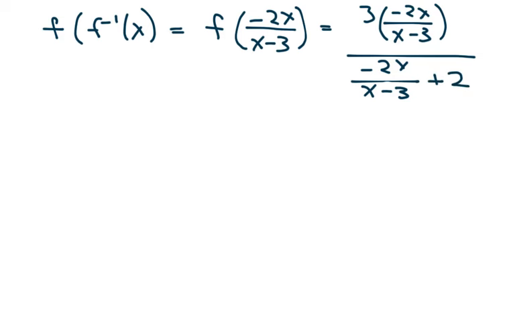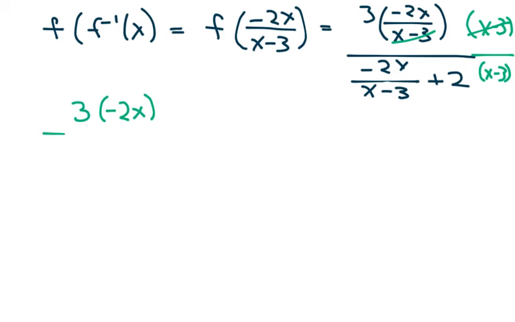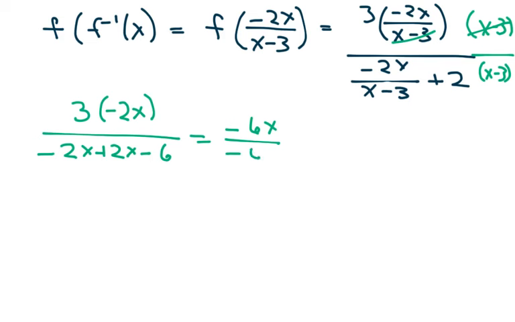Now again, I'm just going to multiply the numerator and the denominator by x minus 3. That leaves me with 3 times -2x, because these two will cancel, over negative 2x plus 2x minus 6, which gives me negative 6x over negative 6, which equals x.